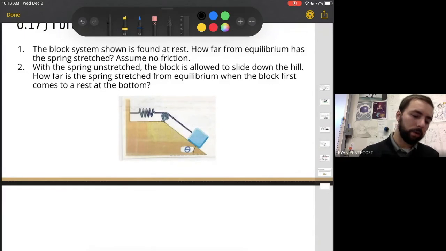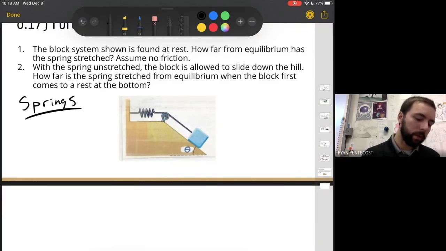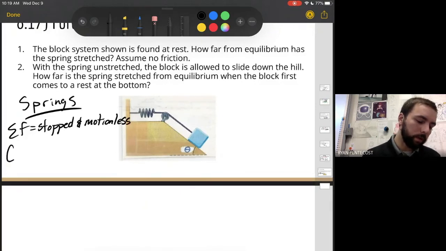So here, if we've got springs, you would use summation of forces if the spring is stopped and it's motionless, meaning it's not in the middle of moving. You would use COE if the spring is stopped and in the middle of motion.